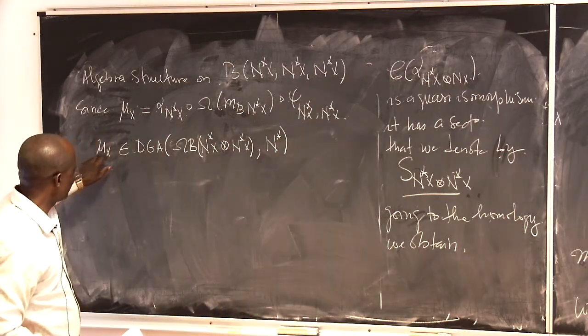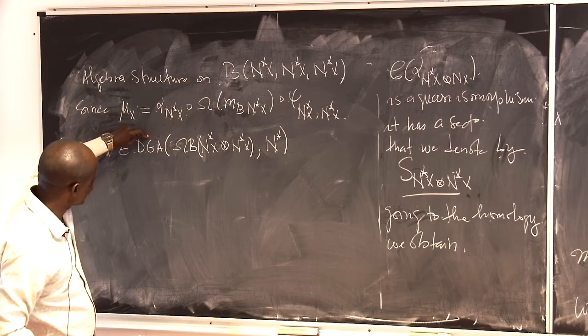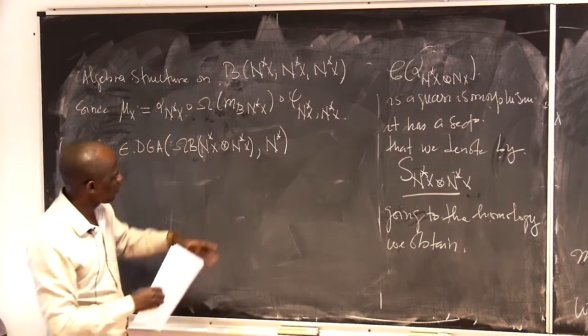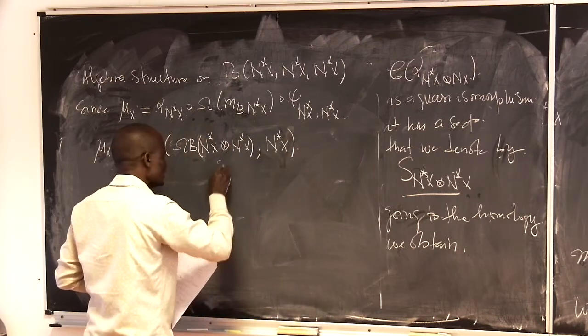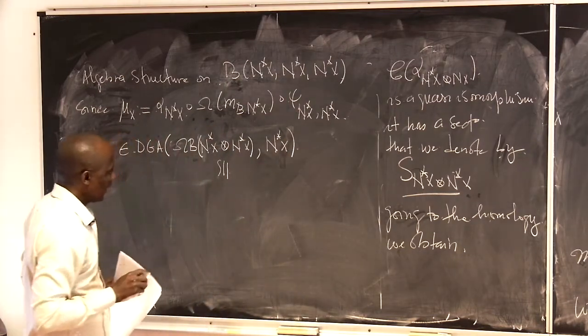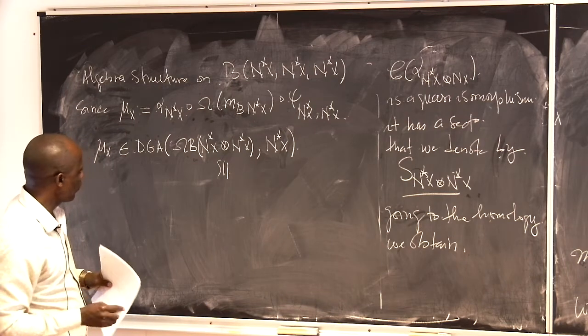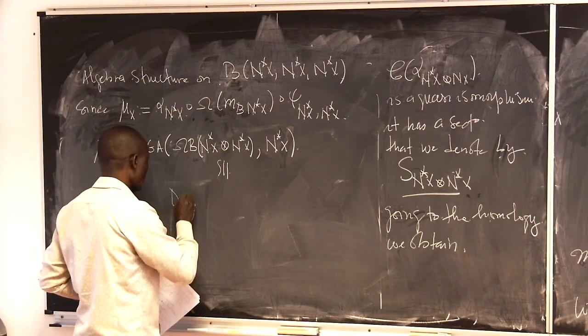This morphism is a morphism of differential graded algebra with domain this and codomain this one. But this is isomorphic to the other one.